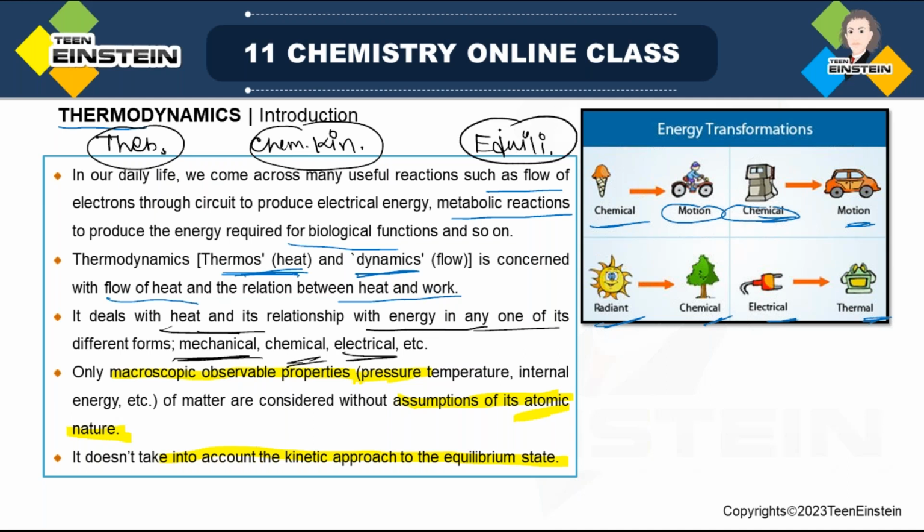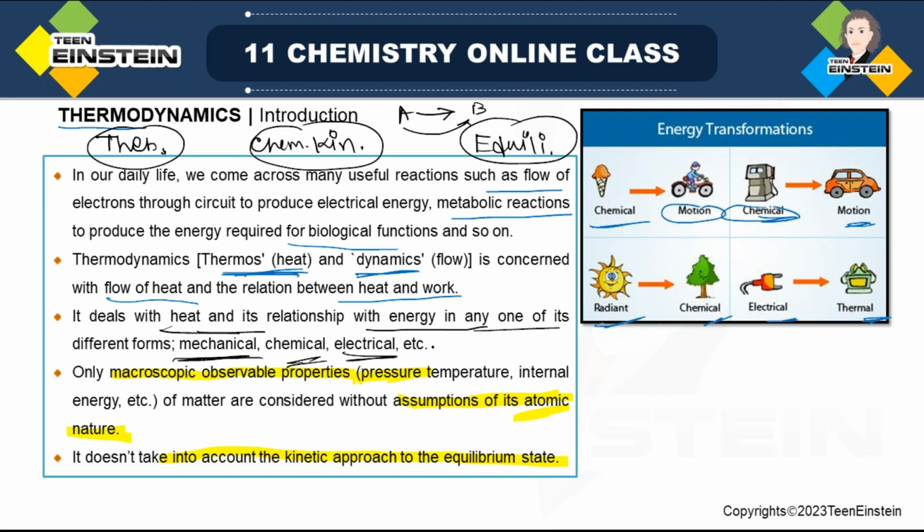And equilibrium: once you know from thermodynamics that yes, the process is possible, then from equilibrium we can understand how much conversion is possible. Simply, if I say A is the starting material and B is the product, so A is converted to B. From thermodynamics you know that A can be converted to B; that possibility is present, because maybe this conversion is not possible.